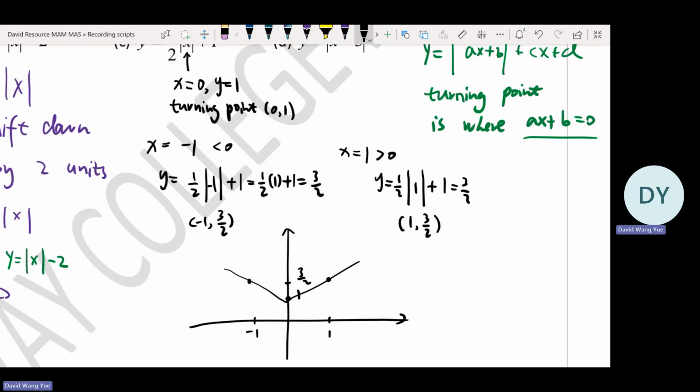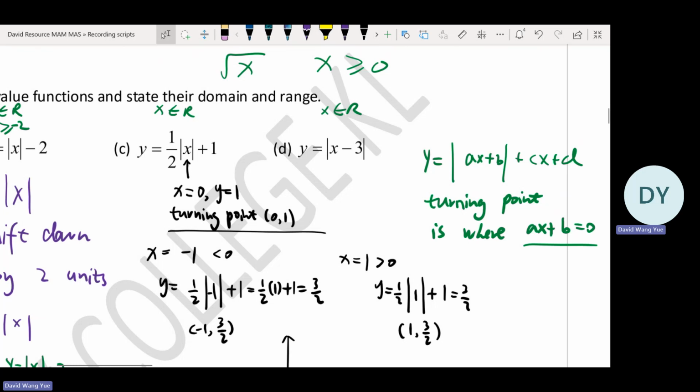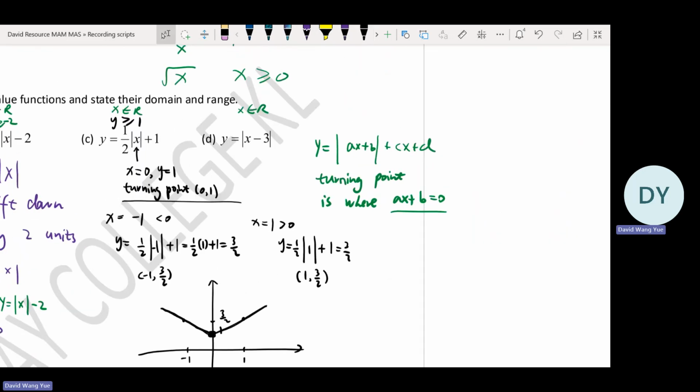Because we know (0, 1) is a turning point, this point must be the minimum. So this graph opens up. And from the graph, we can tell the function has a minimum at 1. So the range is y is at least 1. This is how we draw the graph using the turning point.